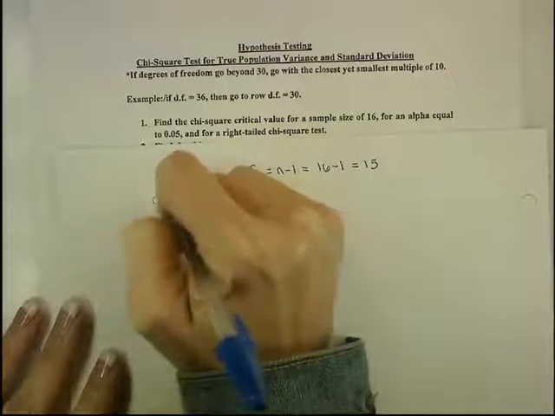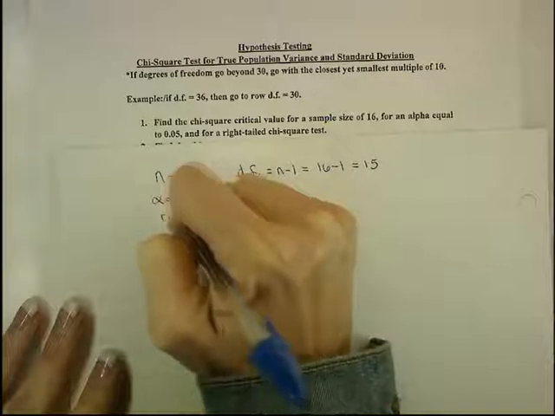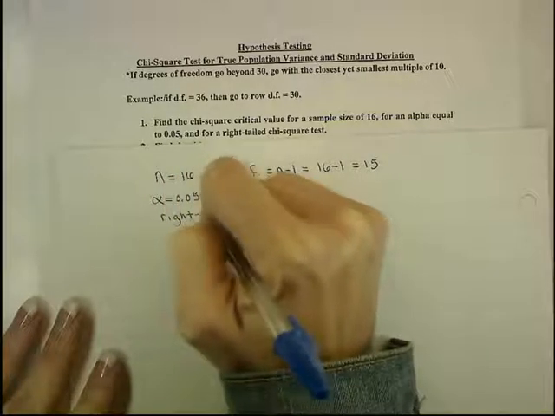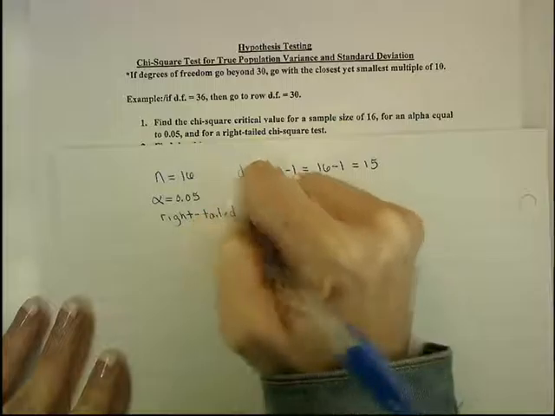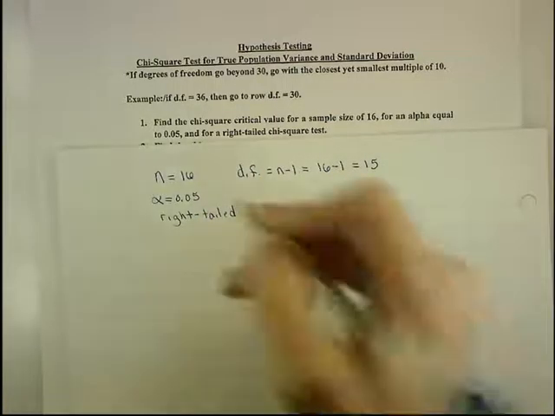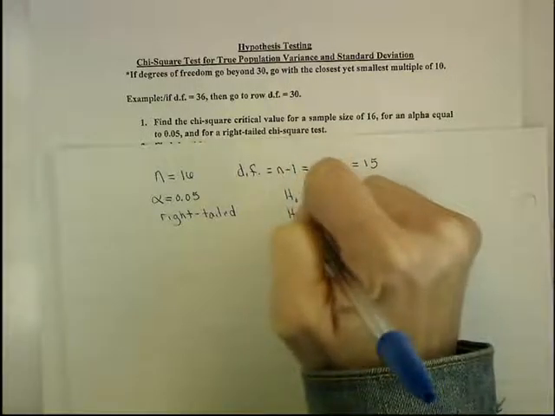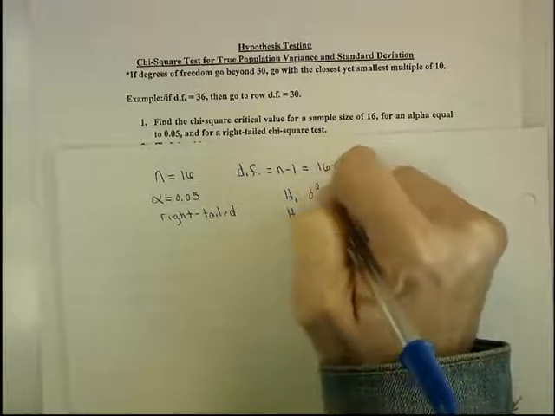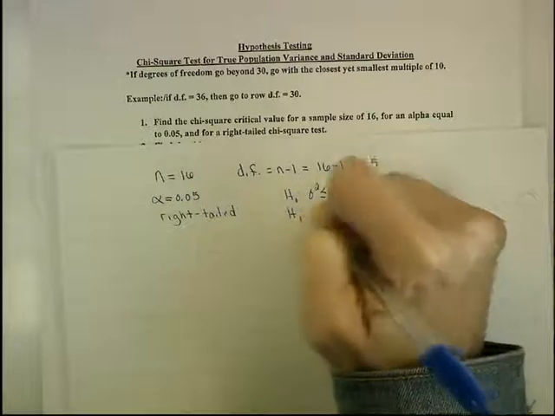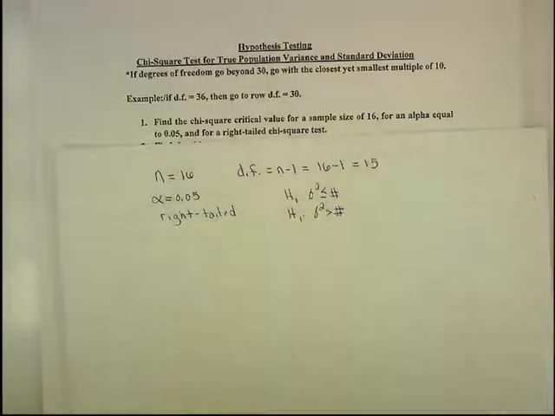Alpha is equal to 5%, and we know this is a right-tailed chi-square test. Notice that it did not say right-tailed chi-square test for true variance or true standard deviation. So I'll just put true variance here, sigma squared less than or equal to a number versus sigma squared greater than a number. That's what a right-tailed chi-square test would look like for true variance, sigma squared.